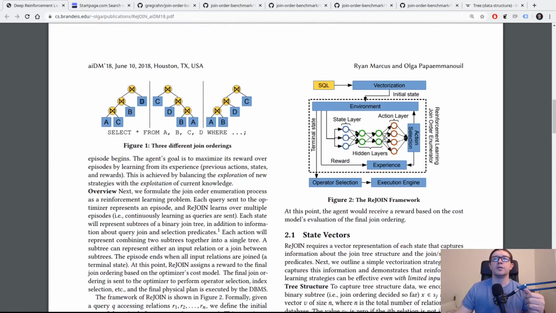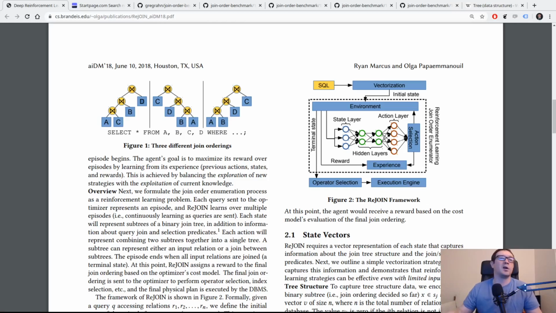So you have SQL database stuff, our different queries, for instance, that get vectorized into some initial state, and that's where our viewer, Larry, had a little bit of an issue, and I can see why. It took me quite a while to kind of parse out what they were doing, but it's quite clever, and I rather enjoyed figuring it out. Basically, they're vectorizing a set of relations in the database and passing that into the environment.